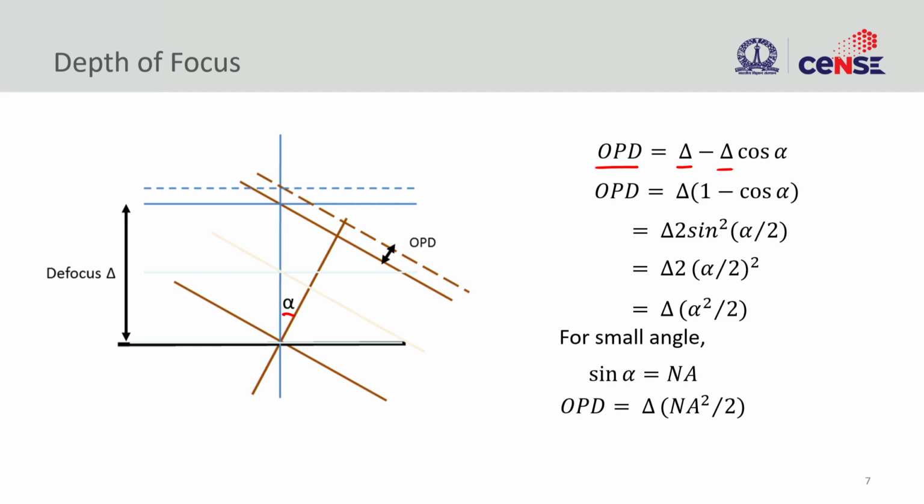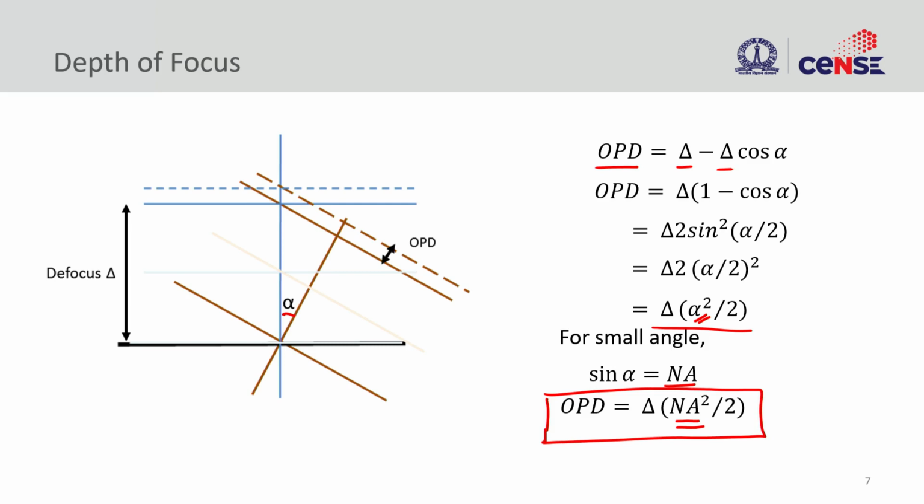If you use the identity and deduce it, this is nothing but delta times alpha squared over 2. So this is what you are going to get as path length difference. For small alphas, you can replace alpha with NA. We all know sin alpha is your NA from our earlier discussion, and your optical path length difference is related to your NA.